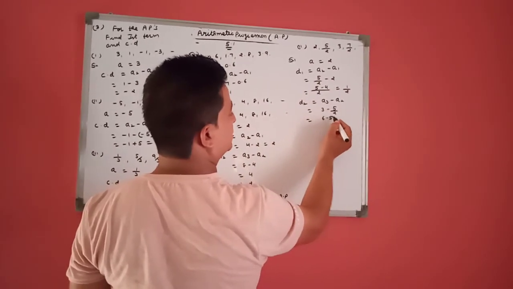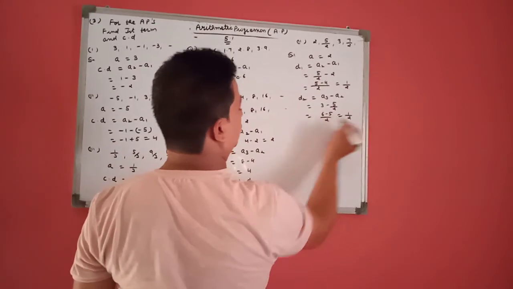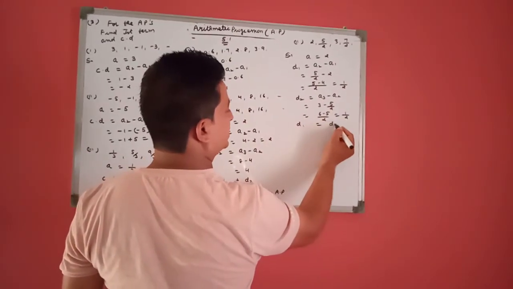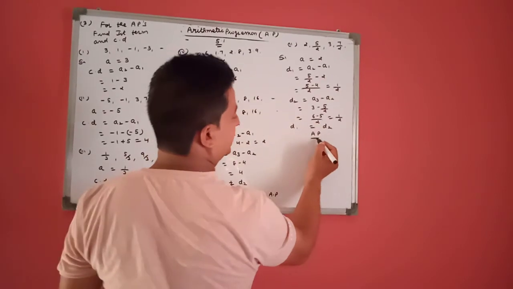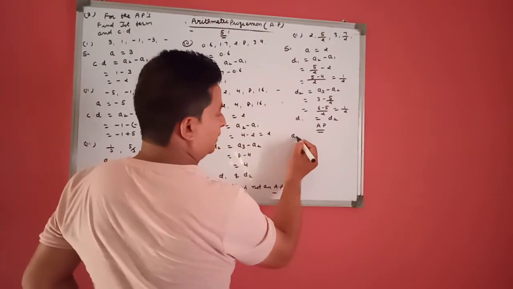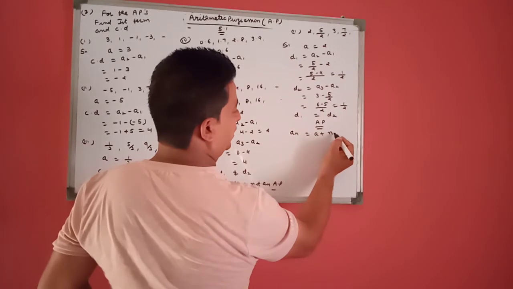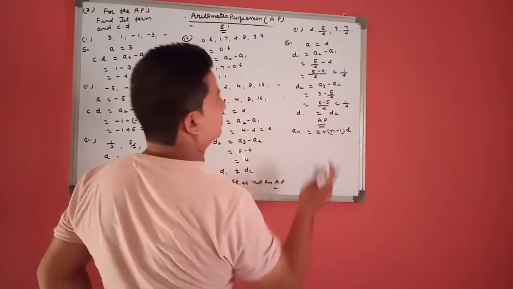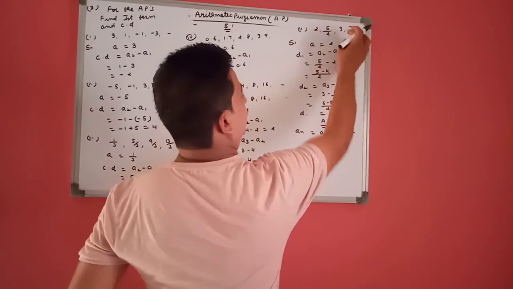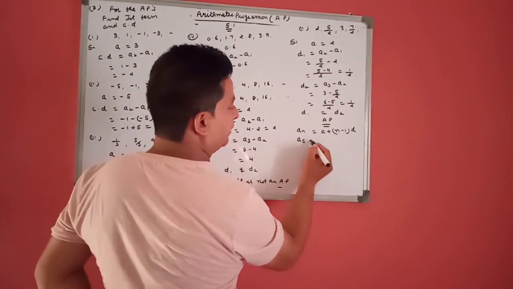This is 6 minus 5/2, 1/2. So in this question, d1 is equal to d2, so it is an AP. After this, we are required to find the next 3 terms. 1, 2, 3, 4. We are required to find A5.